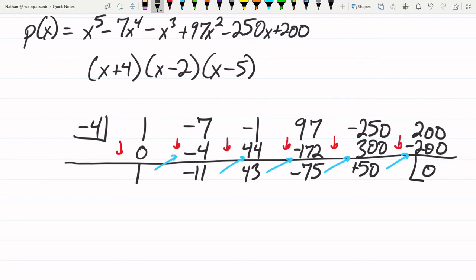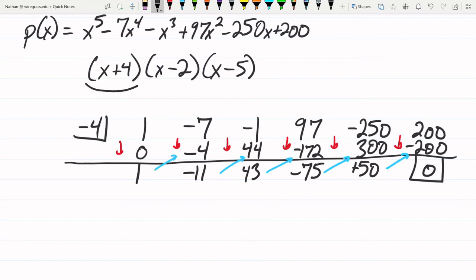And that gives us 0, which you need to expect. If the number you're testing is a 0 of the polynomial, it should give you 0 in the end, because there should be no remainder. It should always divide evenly into the polynomial that you have. What's nice about synthetic division is that we don't have to redraw anything.